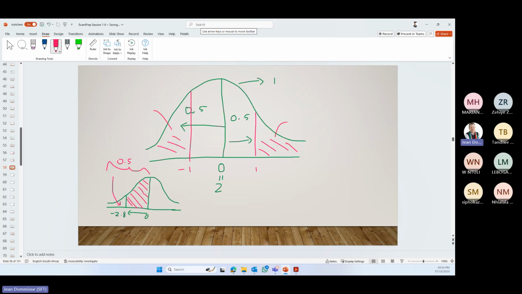That is just how the normal distribution works. So whenever it's a minus and you go to the positive side, those areas are always the same. Okay, does that help a bit? Yeah, all right, sir. I got that. Thank you. Cool.